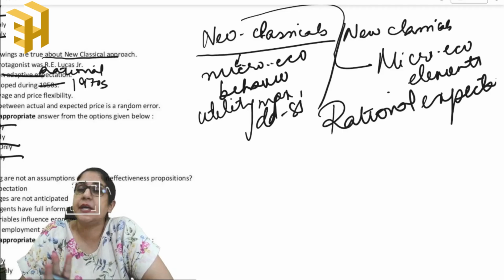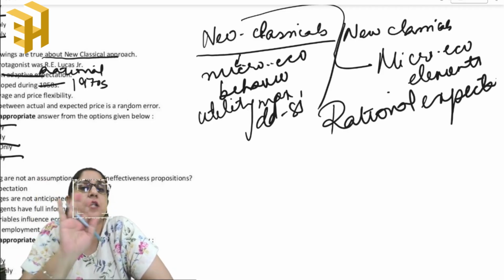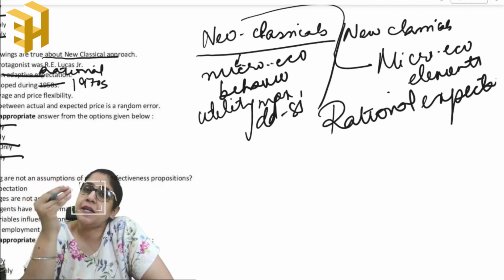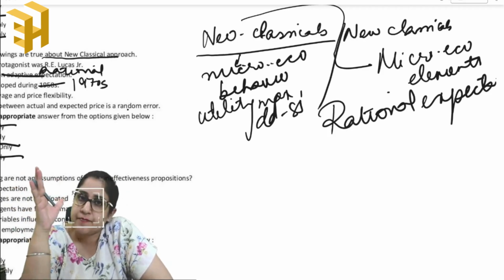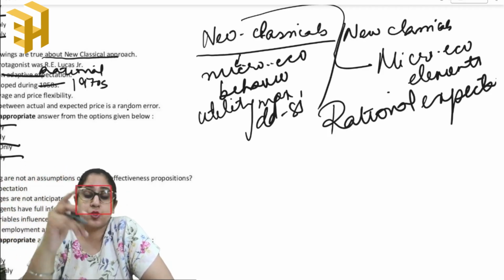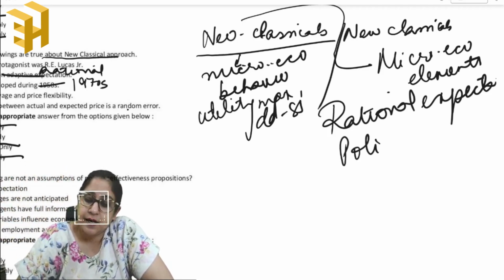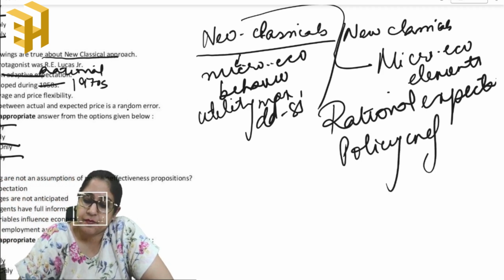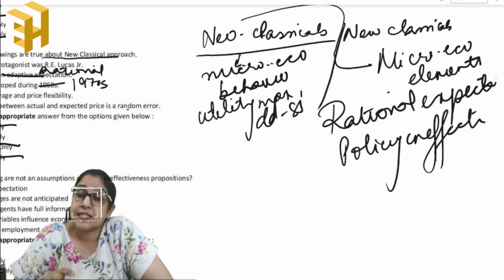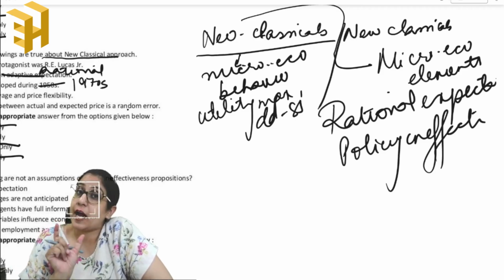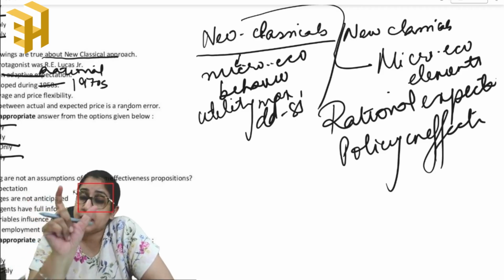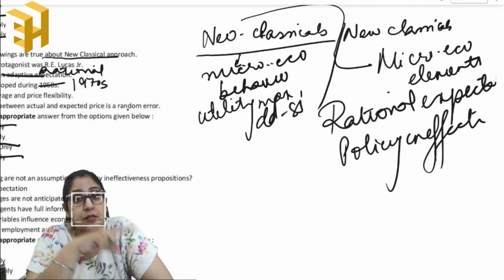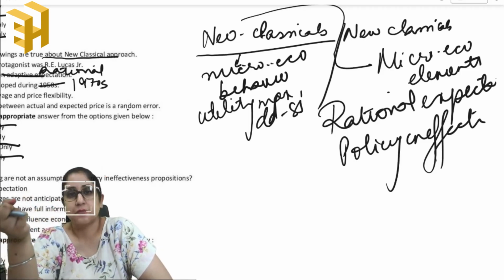They can make an estimate about the results of a certain policy and act well in advance. As a result, this will lead to policy ineffectiveness. So the inclusion of rational expectations is the major difference between neoclassicals and new classicals.